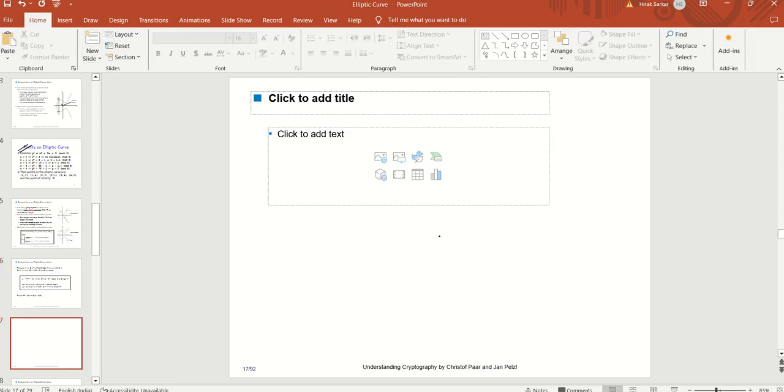Let us consider the elliptic curve y squared equals x cubed minus x. This is the elliptic curve.